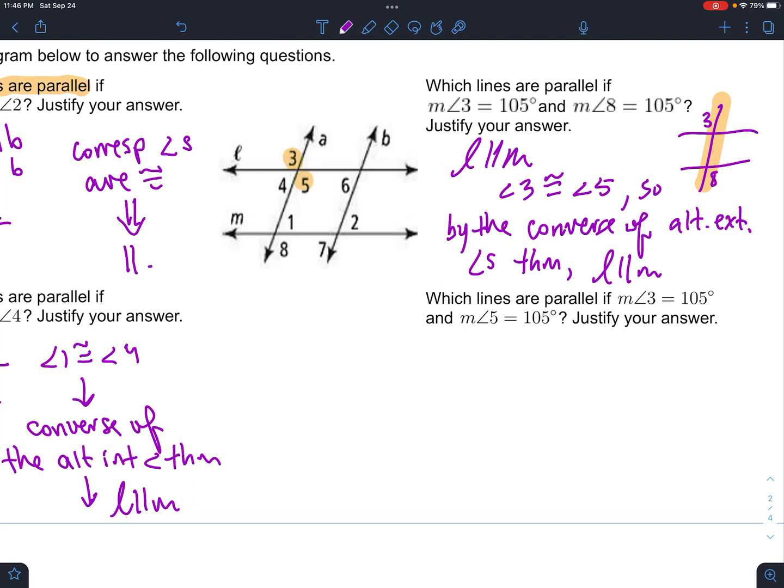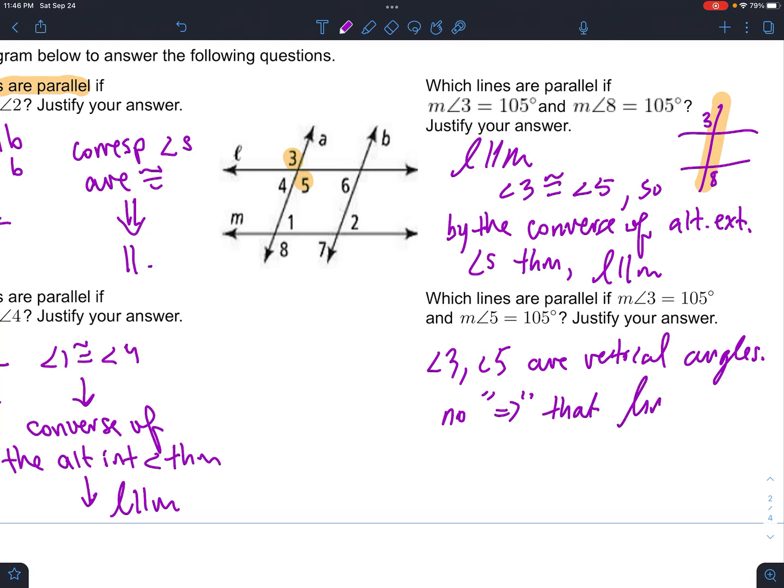All right? And finally, now it mentions angles 3 and 5, but 3 and 5 are vertical angles. And for vertical angles, there's no implication that lines are parallel.